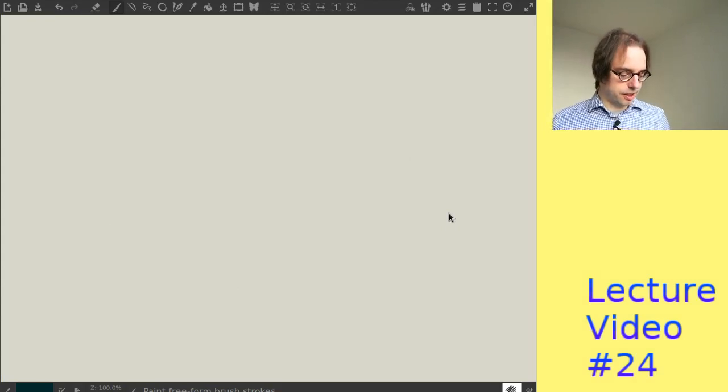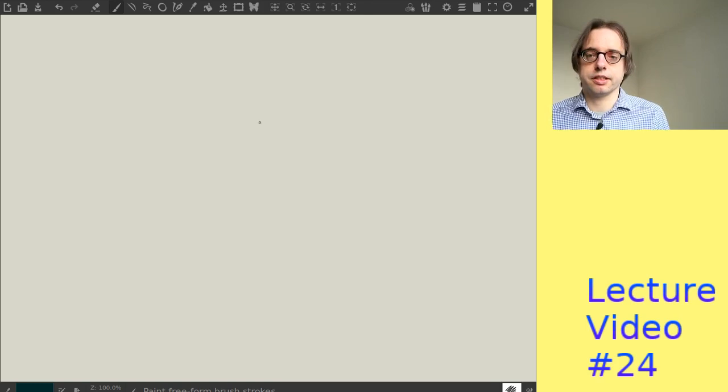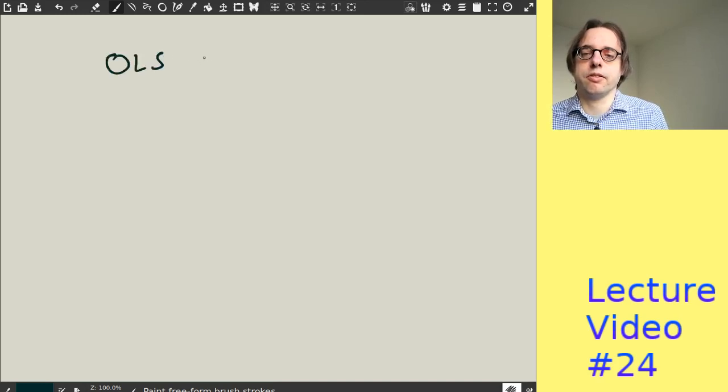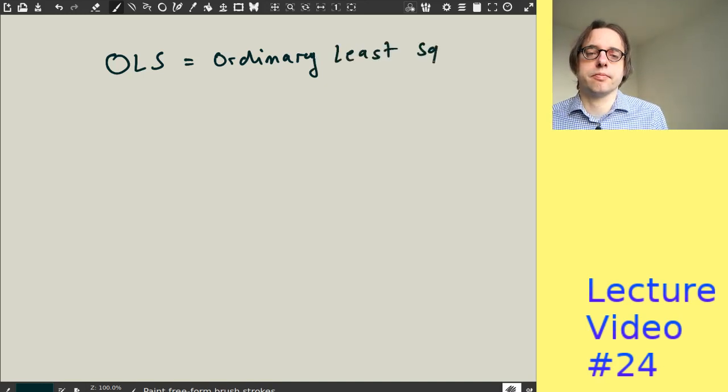So let's get started. In this session we'll talk about two ways to estimate regression coefficients, and the two most important ways. The very simple way to estimate regression coefficients is called OLS, or ordinary least squares.